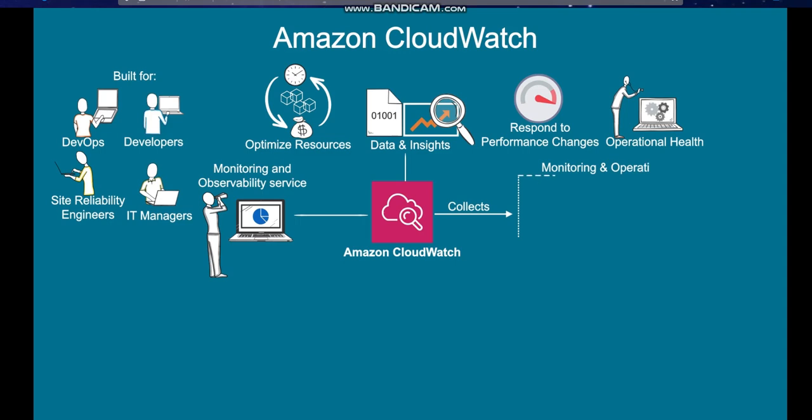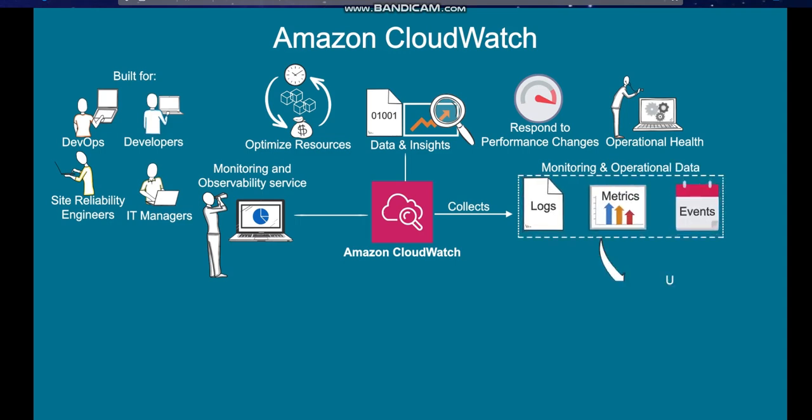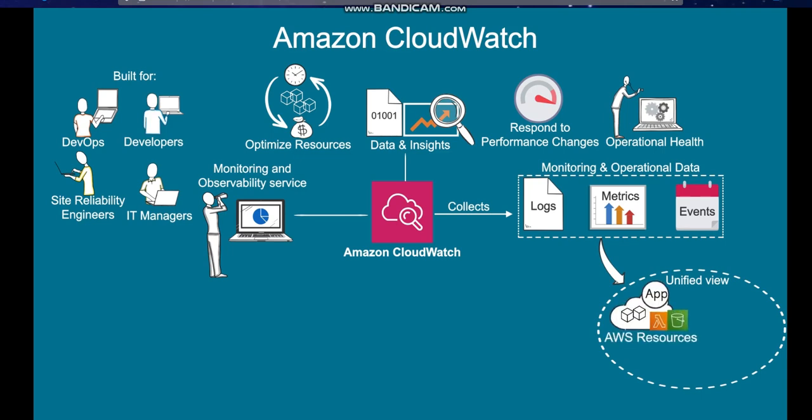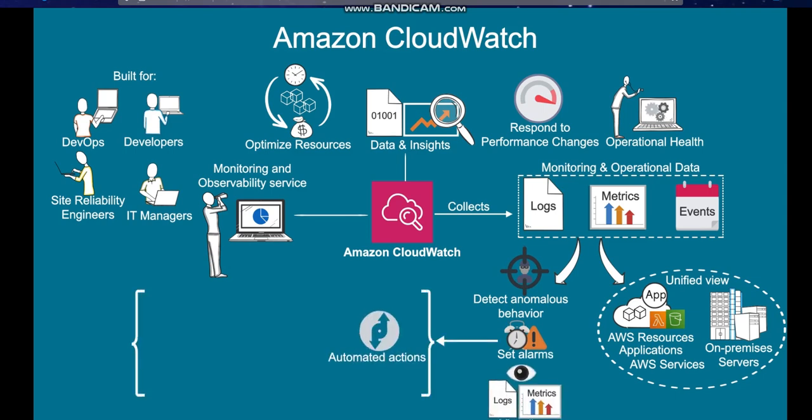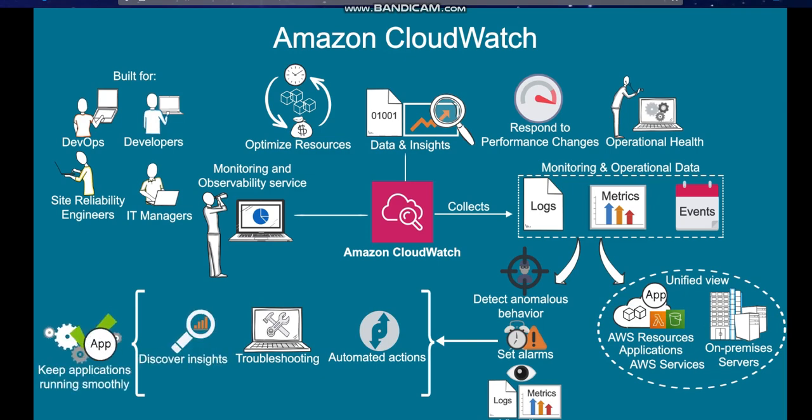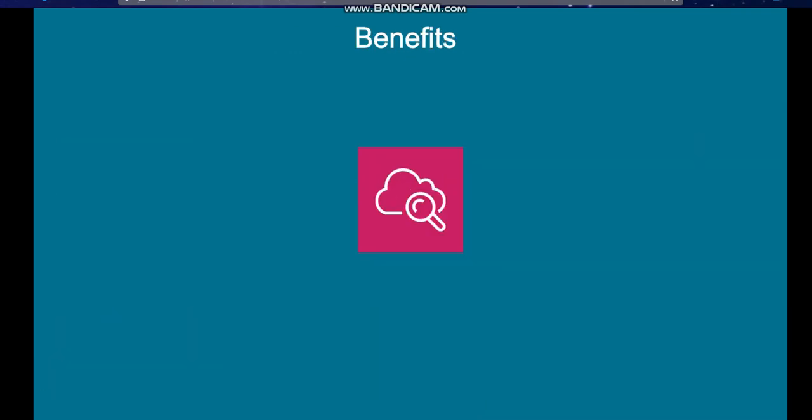CloudWatch collects monitoring and operational data in the form of logs, metrics, and events, providing you with a unified view of AWS resources, applications, and services that run on AWS and on-premises servers. You can use CloudWatch to detect anomalous behavior in your environments. Set alarms, visualize logs and metrics side by side, take automated actions, troubleshoot issues, and discover insights to keep your applications running smoothly. Here are some benefits of Amazon CloudWatch.